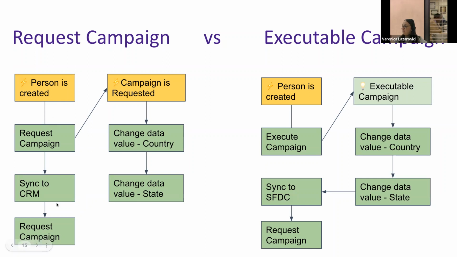The problem here is that this campaign and the request campaign would execute in parallel. And that sometimes creates problems because probably you need this data before you insert to CRM, but if they run in parallel, maybe here the data is not updated at this point, and that creates a problem because it's not ready for assignment rules, or it will give a sync error.